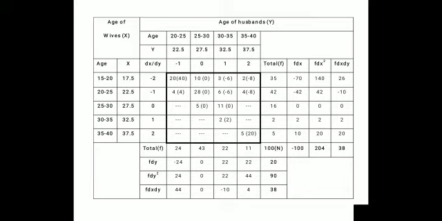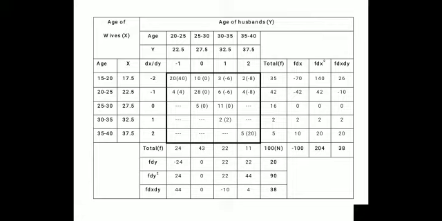Now concentrate on the first cell of the bold table, that is 20. The frequency of the first cell is 20, so that is f, right? So 20 into dx of the corresponding row, that is minus 2. So f into dx, that is 20 into minus 2, into the dy value, which is minus 1.